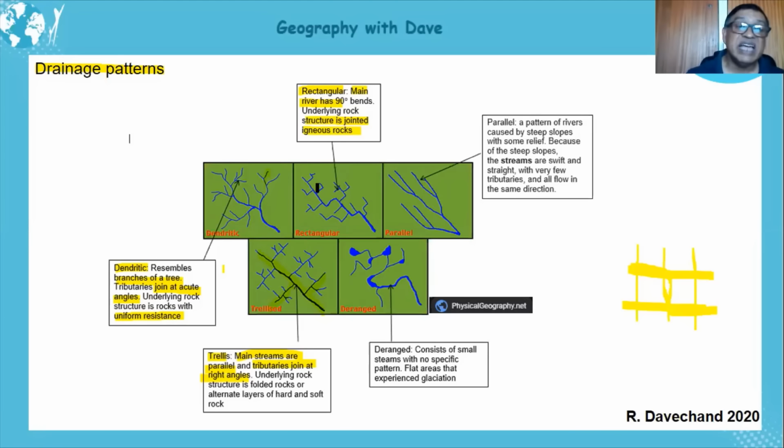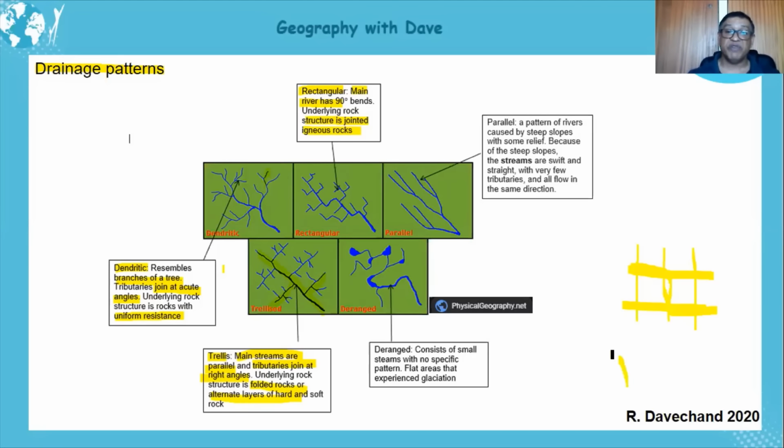It does not have 90-degree bends like the rectangular. Can you see it? There it is flowing and the tributaries are joining at right angles, which makes it a trellis pattern. All right, the underlying rock structure is folded rocks or rocks with alternate hard and soft layers.